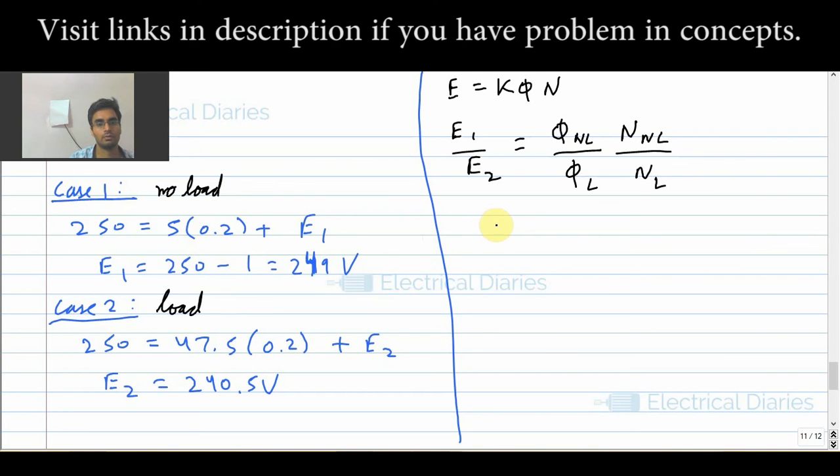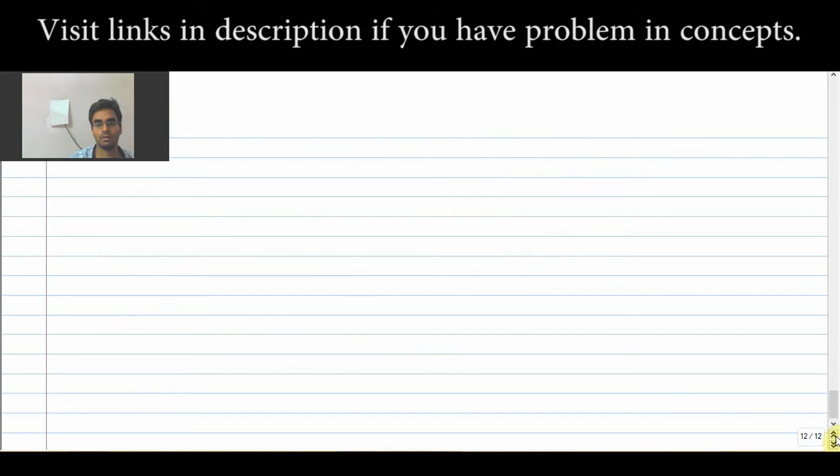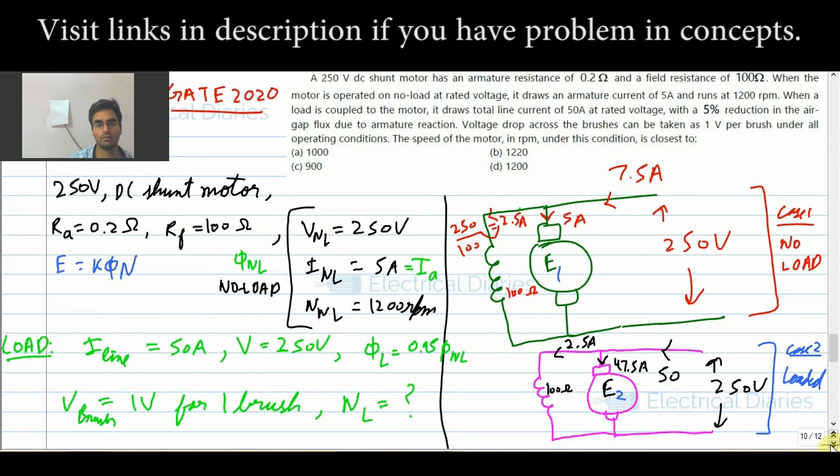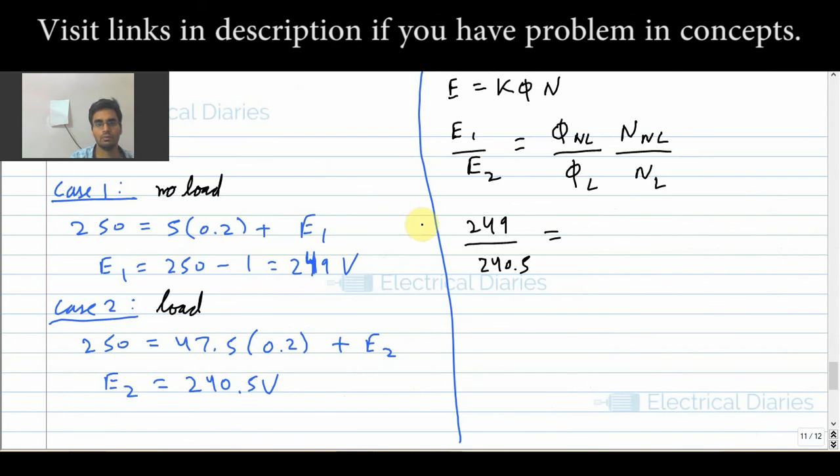So E1 is 249 divided by 240.5 is equal to phi NL by phi L. I have already taken out the relation: phi L is equal to 0.95 phi NL.